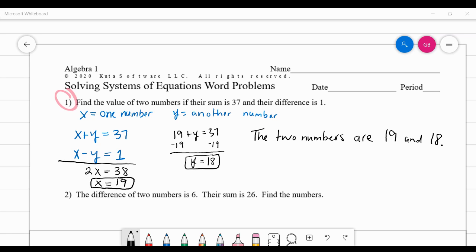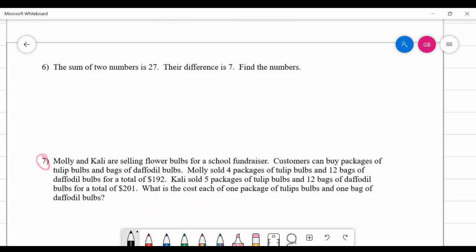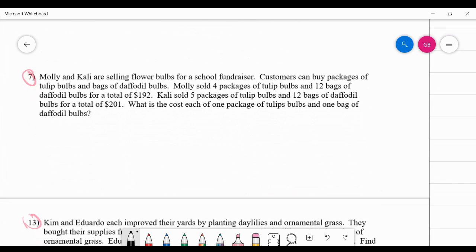And now let's do another example. I'm going to jump over to number 7. So Molly and Callie are selling flower bulbs for a school fundraiser. Customers can buy packages of tulip bulbs and bags of daffodil bulbs.